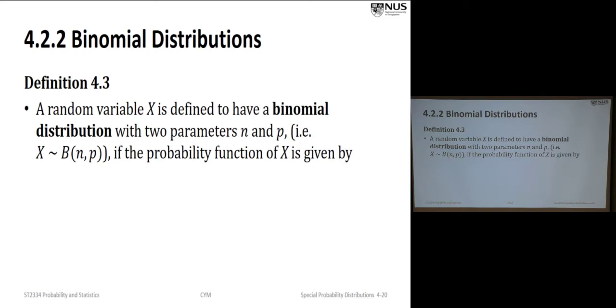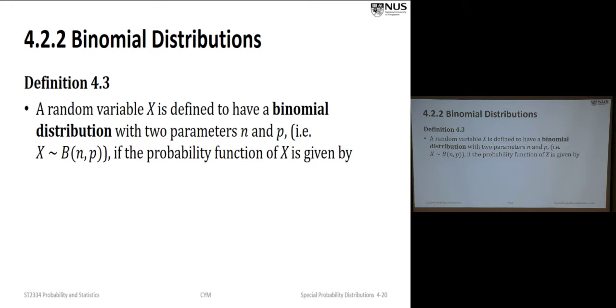We call these dichotomous trials, only two outcomes. And I should also add another adjective: independent trials. Not only that, the probability of success has to be the same for each trial.